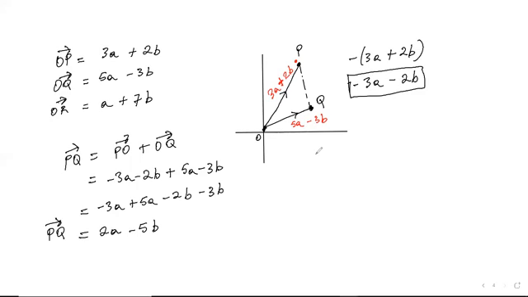Understand now? So if it was QO, it would have been the negative of the bracket 5A minus 3B. You would have to negate everything, so it would have been negative 5A plus 3B.